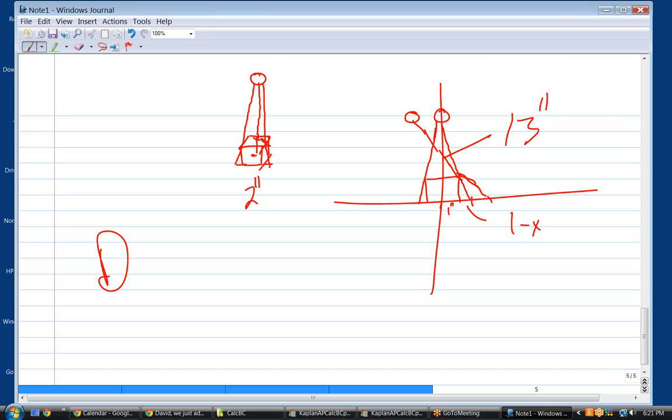But the shadow length is still going to be 1 minus x.